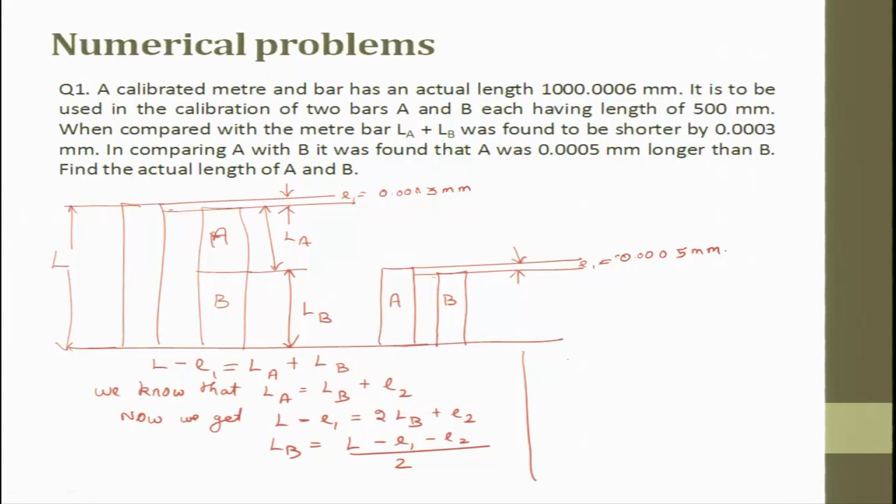Okay. Now, substituting the value of everything. So, now substituting the value of LB. LB equal to 1000.0006 minus the error of 0.0003 minus 0.0005, right.